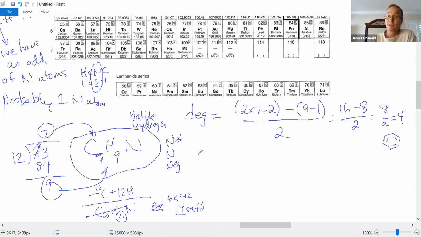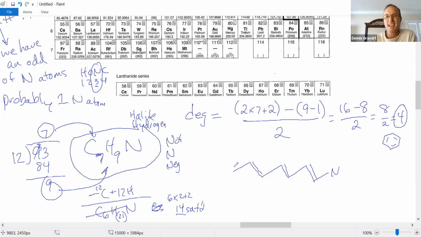We could say, okay, so now that's the degrees. Got to have 4 degrees. So maybe there's 1, 2, 3, 4, 5, 6, 7 carbons and a nitrogen, and then I need 4 degrees. So how about we put a double bond here, here, and here, and I need 4 degrees, 4 pi bonds. I don't like putting pi bonds next to pi bonds because that's unstable.